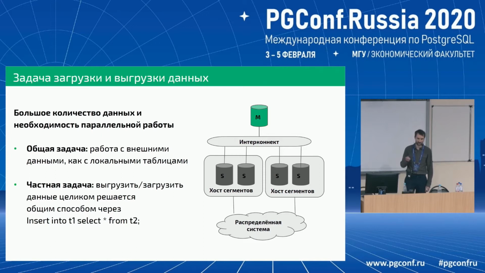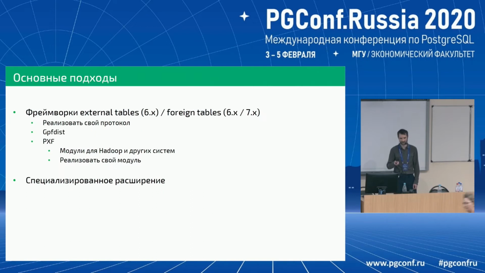And there are particular tasks, like getting data completely from an external database, and you can do it in the common way. Sometimes it is difficult, but you can use frameworks instead, and I will tell you about it later on. You can use them for external and foreign tables, and you can represent it just like a Greenplum table and keep on working with it.